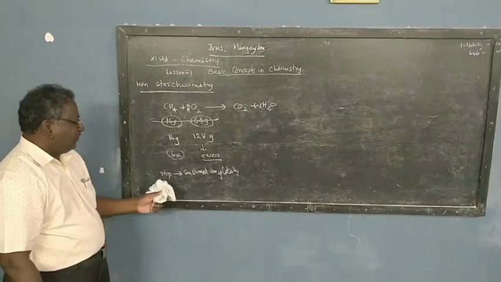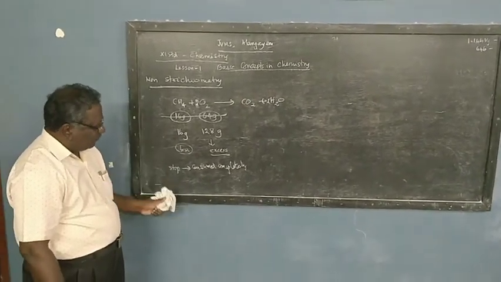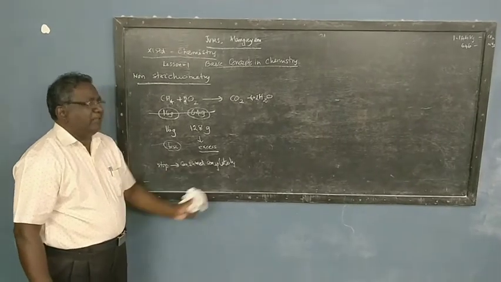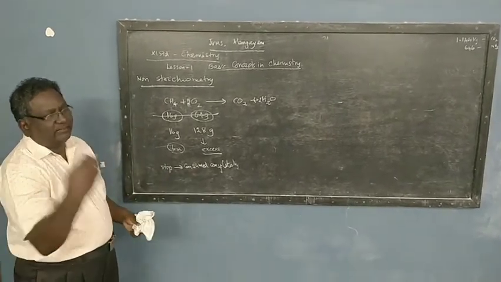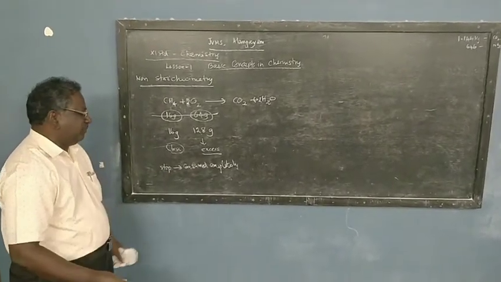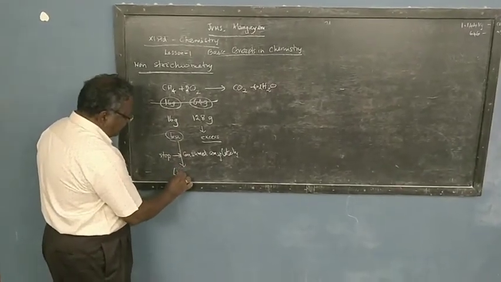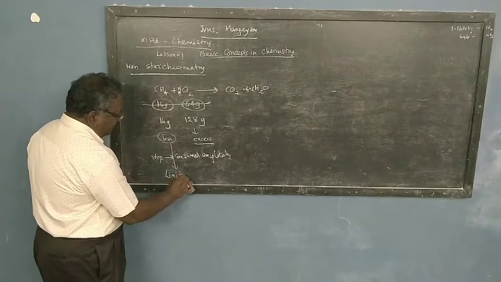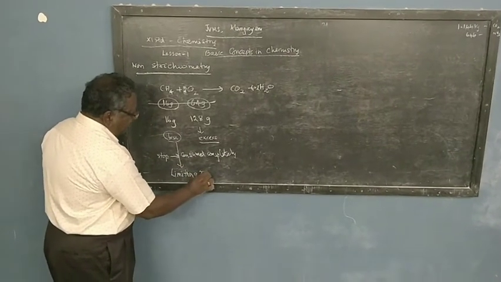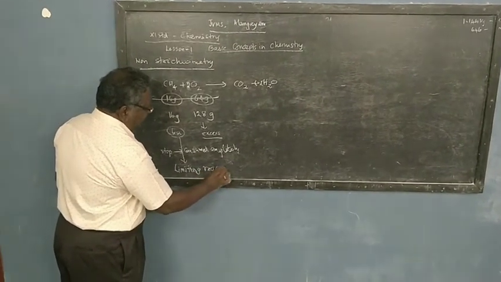Right? Therefore, the reactant which is consumed completely and stops further reaction take place is always called as limiting reagent. பேர் என்னன்னு சொல்றாங்க? Limiting reagent.